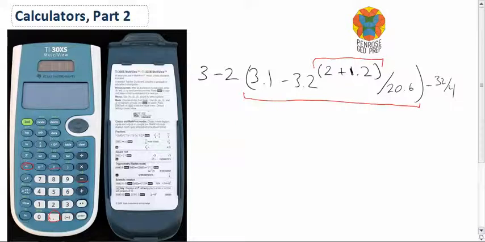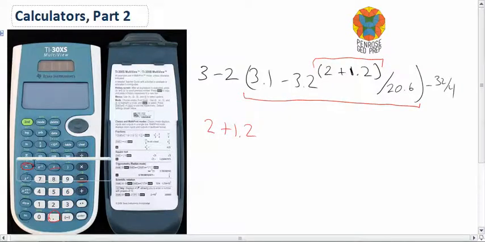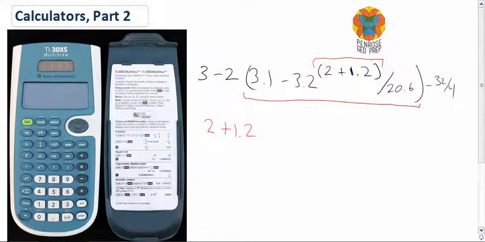To do that, we type 2 plus 1.2, which is 2 plus 1 point, and then 2 again, and hit enter, and then it'll display a value. That value will be 3.2.